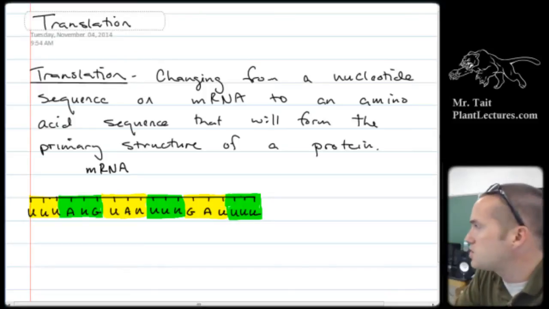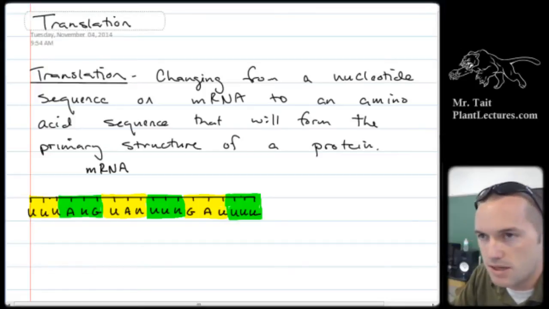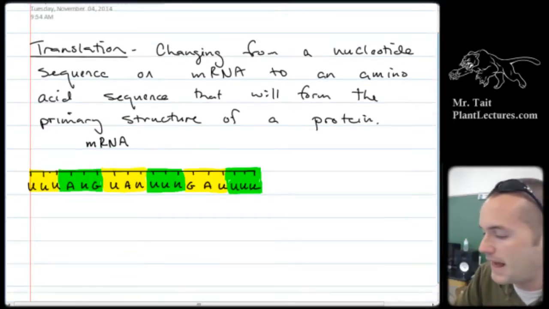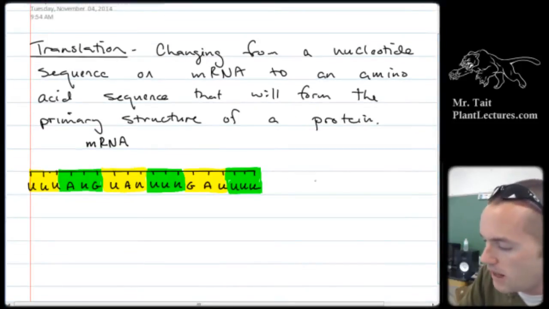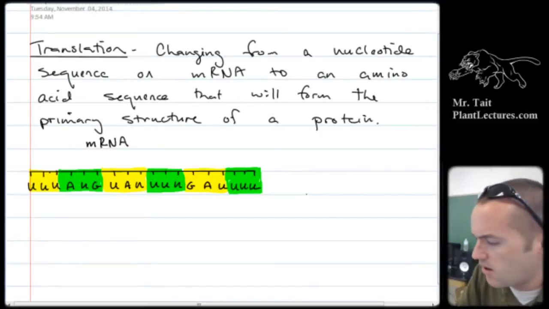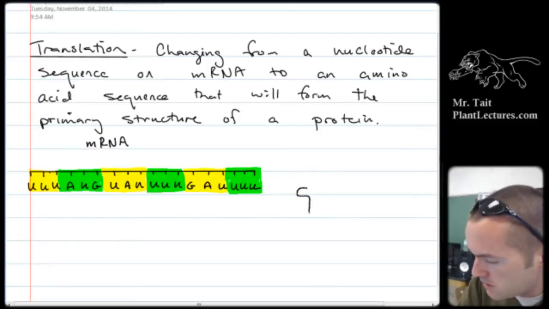But the big question is, how do we go from having just nucleotides here to having the correct amino acids go into those spots? And we rely on something that's called tRNA. Okay, so tRNA is made of RNA. Obviously, it's called tRNA, right? And it has a couple different parts to it, right?